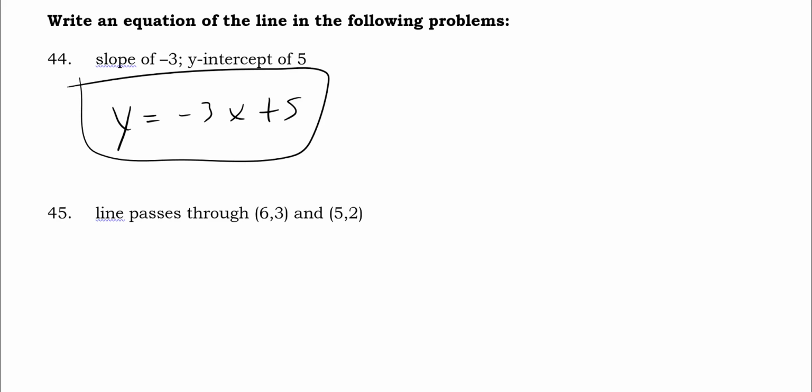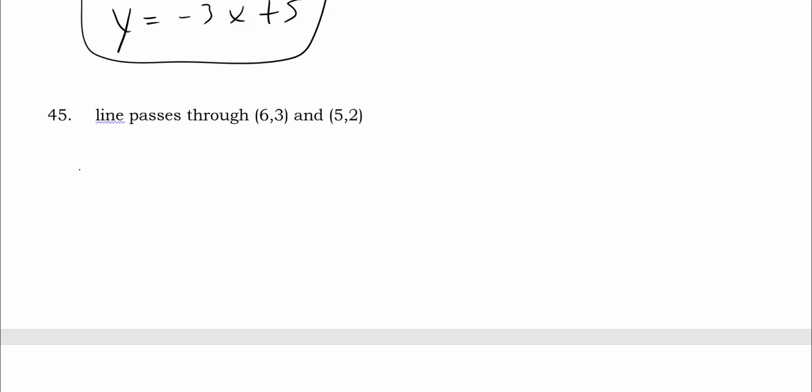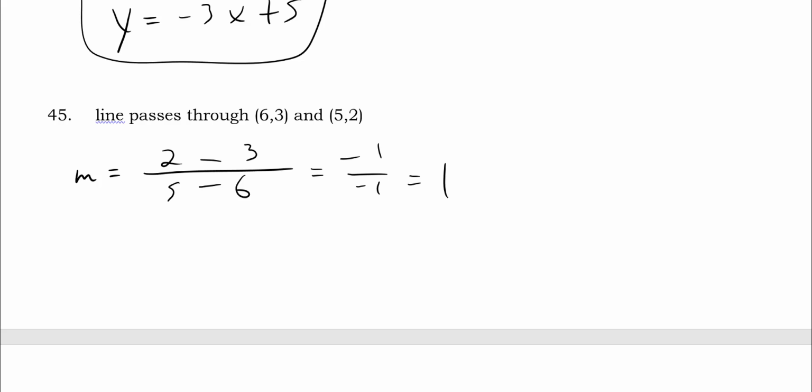Okay, so now I'm giving you 2 points. So remember, you got to do a little bit of work here. You got to find the slope first, and then you have to find the y-intercept. So the slope is y2 minus y1, so 2 and 3, and 5 and 6. So it's negative 1 over negative 1, so my slope is 1. And then I use one of these points, I'll use this guy right here, it's a little bit smaller, to find b.